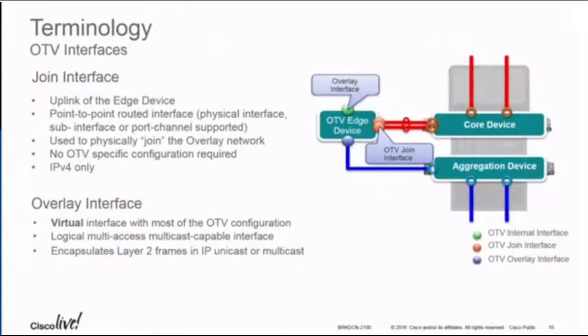This overlay interface will have all the OTV configurations, and it will ensure that all the VLAN traffic is extended over it towards the data center. Whatever MAC addresses it learns from the internal VLANs, it will ensure that I propagate that information to all my neighbors, be it a multicast mode, be it a unicast mode.